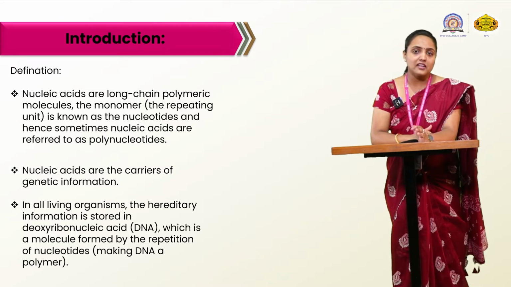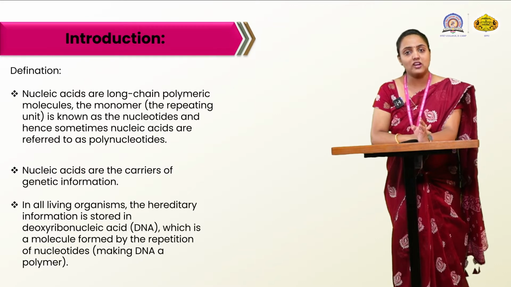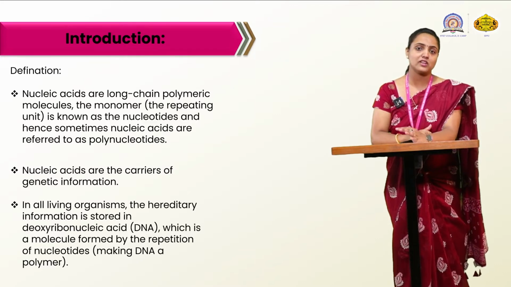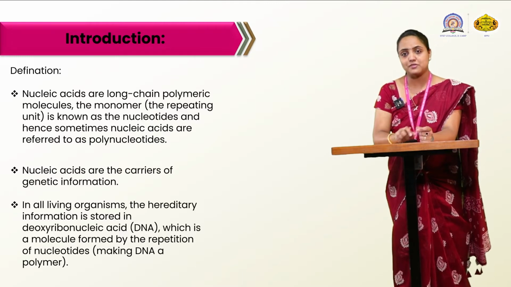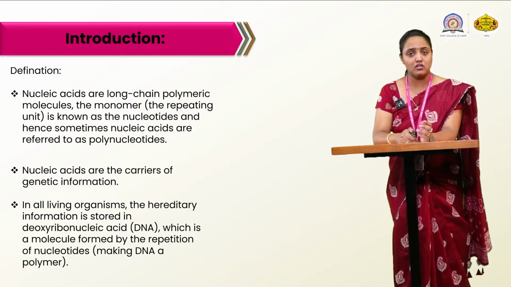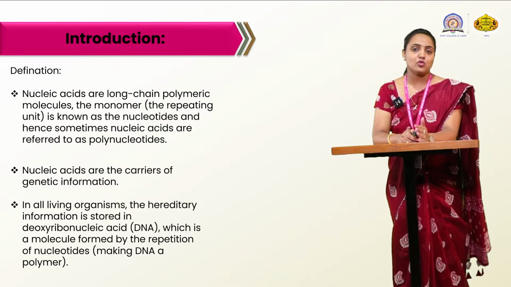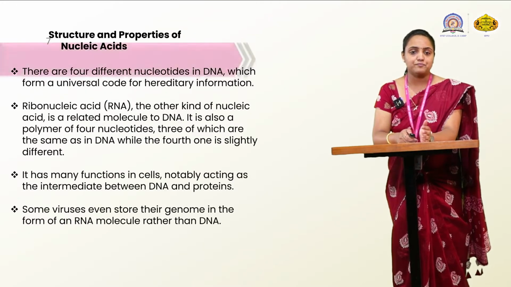In RNA, the oxygen group is present, so it is called RNA, that is ribonucleic acid. DNA is the deoxyribonucleic acid because at the third position of the sugar molecule, the oxygen group is absent, which we are going to see in our later slides.